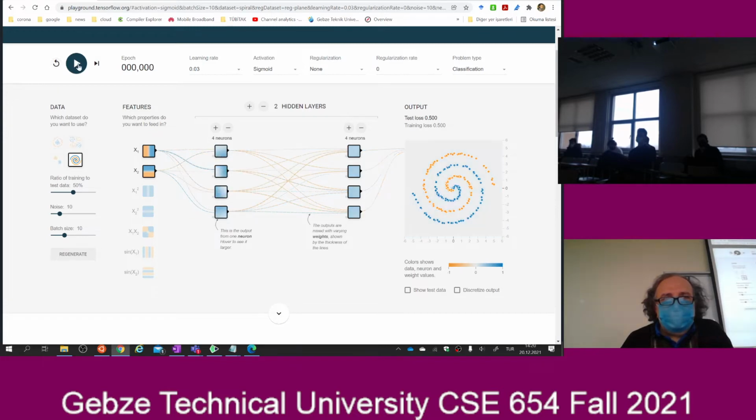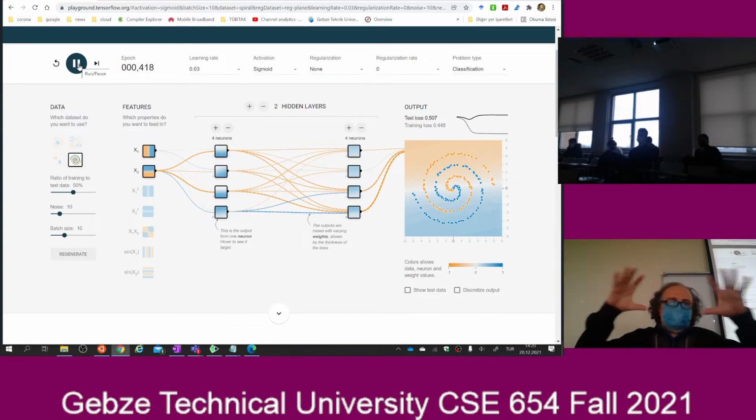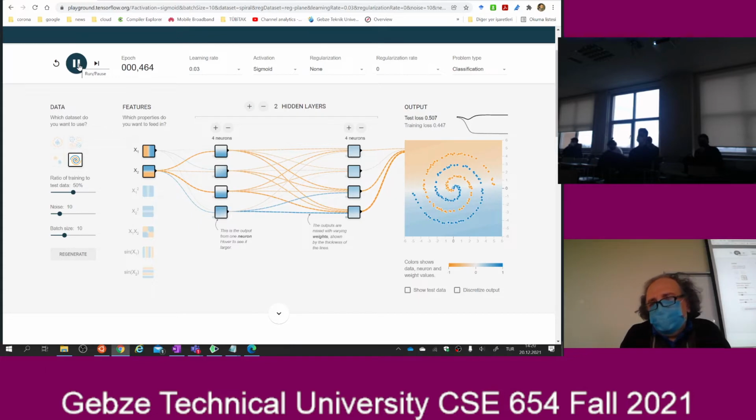Now do it again. Sometimes you will need to wait more because I didn't tell you about the optimization algorithm, but in a few minutes we are going to talk about it. Well, it's not linear, because I know that it can separate a circle from the concentric circles. This one is not doing very well. Add more layers, play with some other stuff.